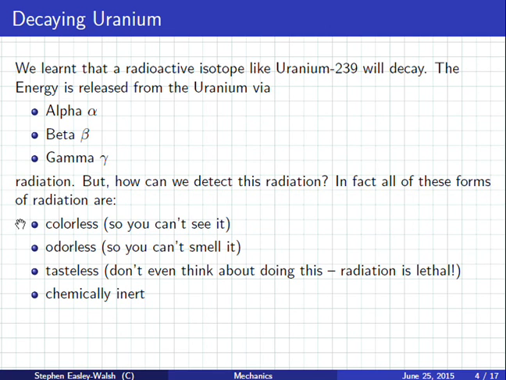Hydroxide, acid. Yeah, so hydroxide or acid will turn the pH strip a different color. You don't have anything like that for radioactive materials. They won't react with anything. Okay, so make sure you got those four: colourless, odourless, tasteless, and chemically inert.